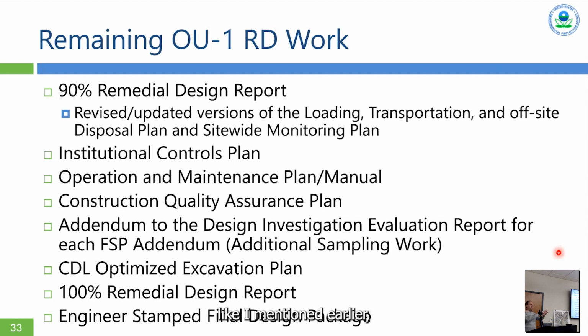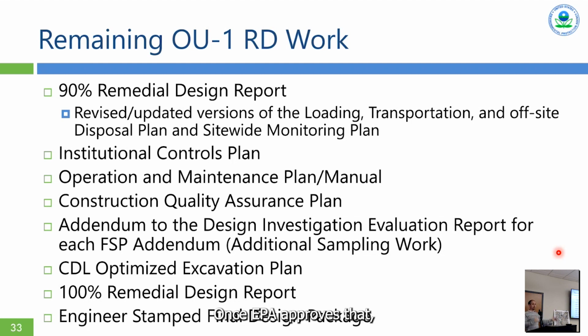We will get, like I mentioned earlier, some short addendums that summarize the data from these things and talk about what that means for minor changes to the design, where rim is, where it's not, et cetera. We'll get that excavation plan for the CDL. And then shortly after that, we'll get the 100% design.